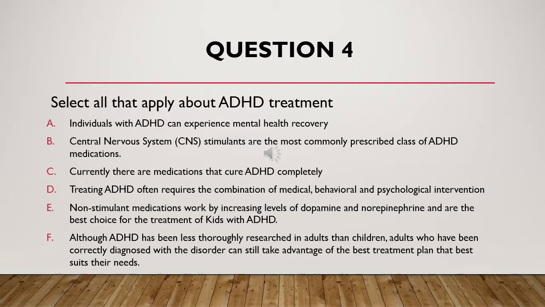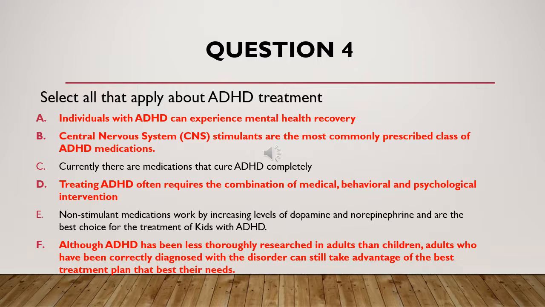Although ADHD has been less thoroughly researched in adults than children, adults who have been correctly diagnosed with the disorder can still take advantage of the best treatment plan that best suits their needs. All right, the answer to this is A, B, D, and F. People who are on ADHD treatment can experience mental health recovery.